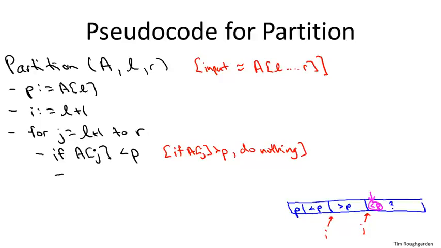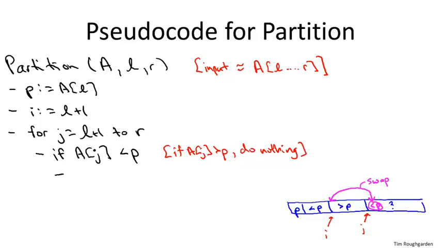The best way to do that is to swap this new element with the leftmost element that's bigger than the pivot. And because we have an index I, which is keeping track of the boundary between the elements less than the pivot and bigger than the pivot, we can immediately access the leftmost element bigger than the pivot. That's just the ith entry in the array.